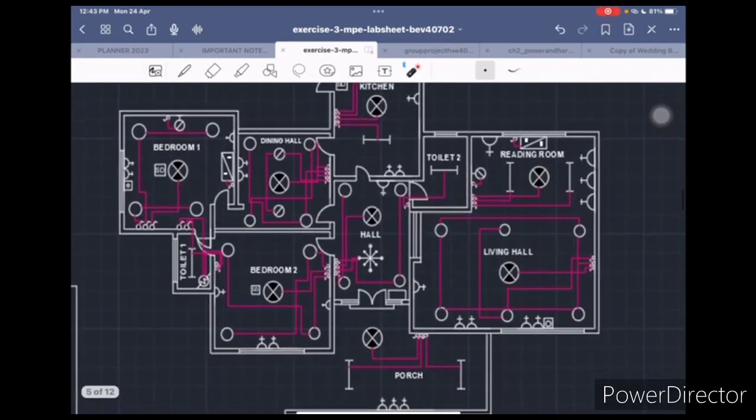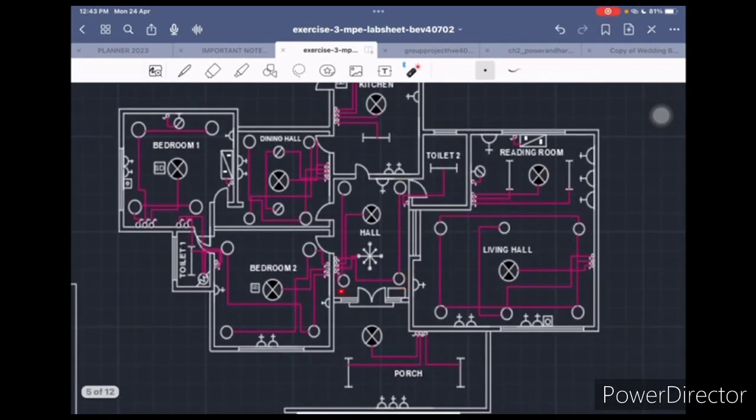For the hall, we are using 4 filament lamps, chandelier, ceiling fan, and this is the distribution box, and then 30 ampere socket outlet. And at toilet 2, we are using the fluorescent lamp.